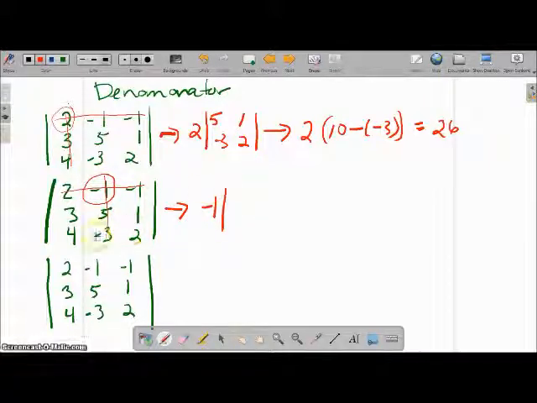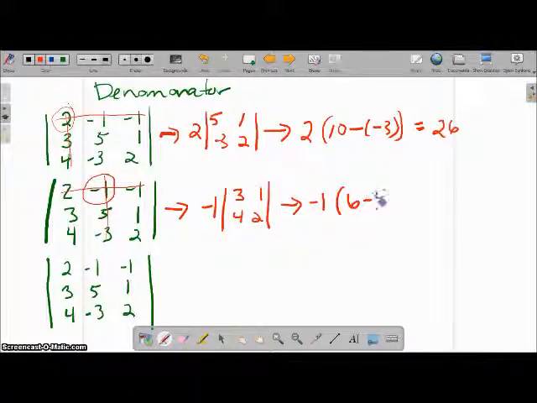Then we're going to multiply by the determinant that's left. 3, 1, 4, 2. So now we've got -1 times the answer to this determinant, which is 3 times 2, 6, minus 1 times 4, which is 4. So this equals a -2.